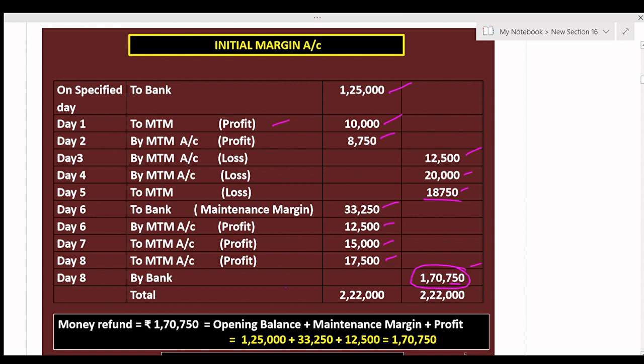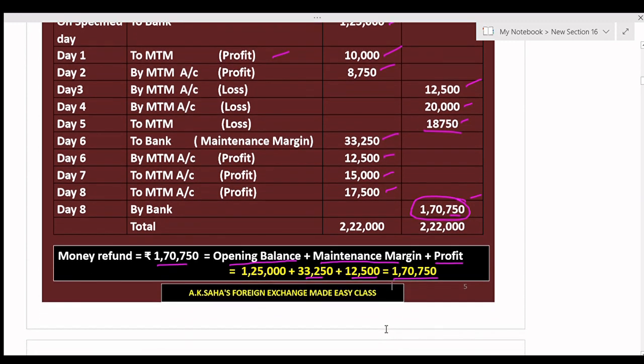This refund can be calculated as opening balance, that is 1,25,000, plus maintenance margin money, that is 33,250, plus profit 12,500 is equal to 1,70,750. If it is loss, it will be deducted from this. If surplus, then that will be refunded to the party.